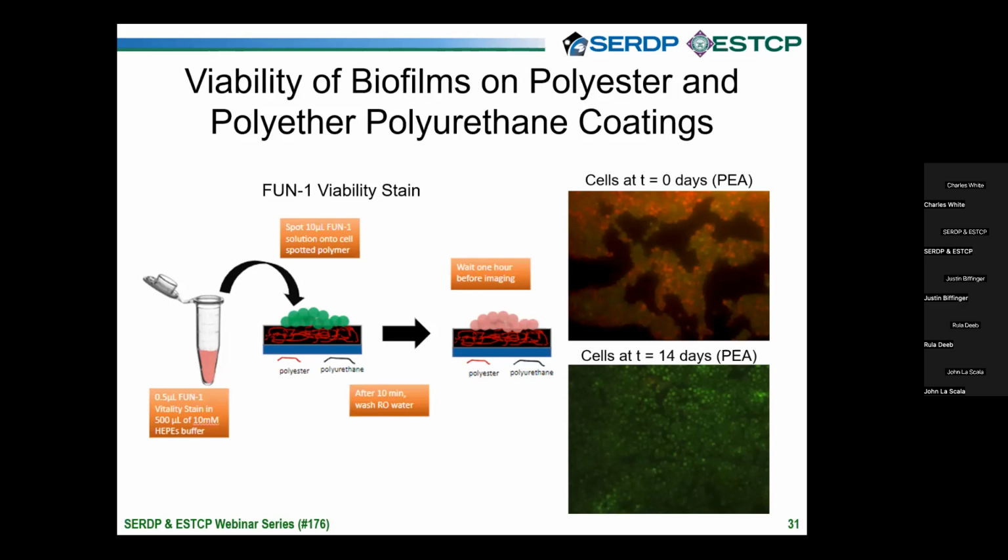We developed a method using a fluorescent viability stain, FUN1, a commercial stain, shown here, that enabled the measurement of cell viability of a biofilm over time on each of the polymer coatings during the biodegradation experiments. Red cells are viable, green cells are not, and by calibrating the red to green ratio, we determined the viability of the cells over 25 days.